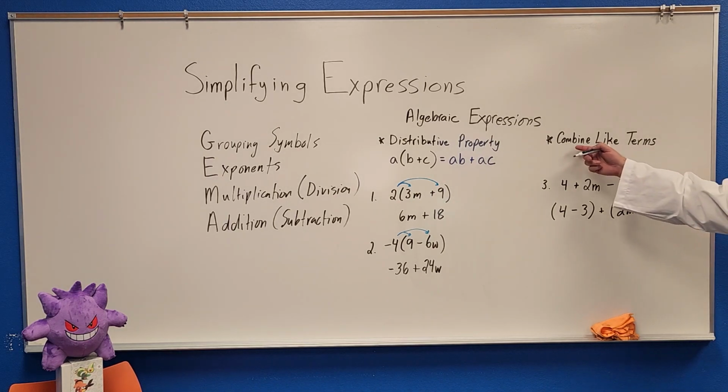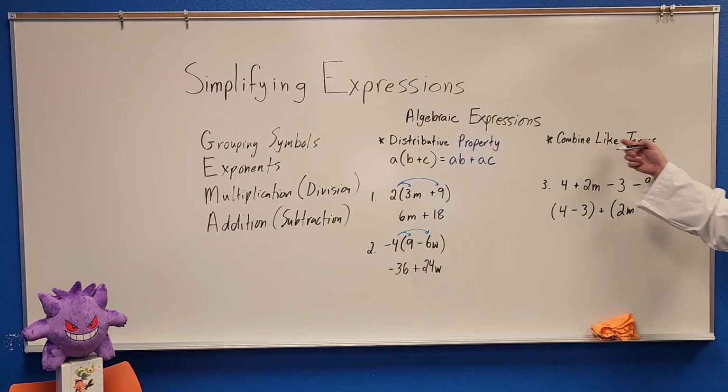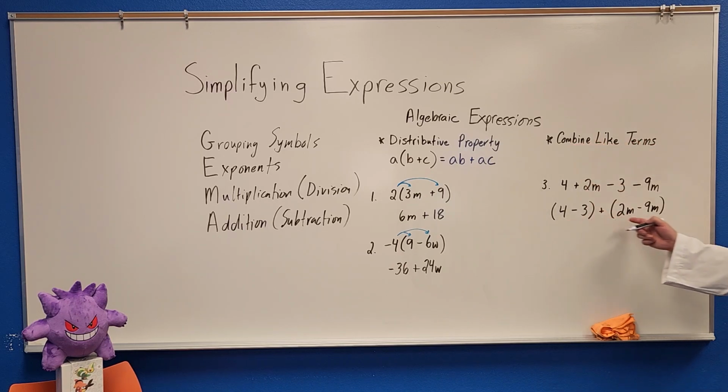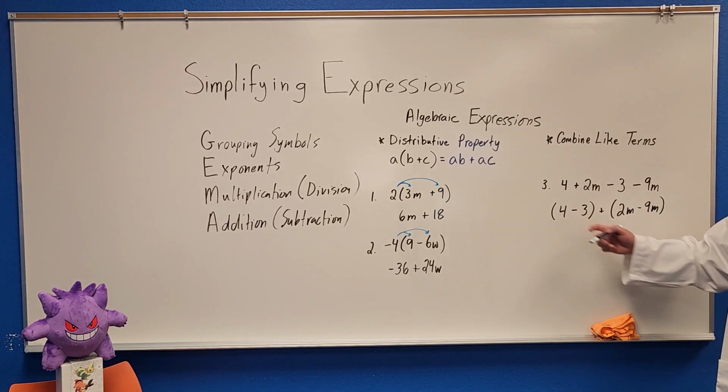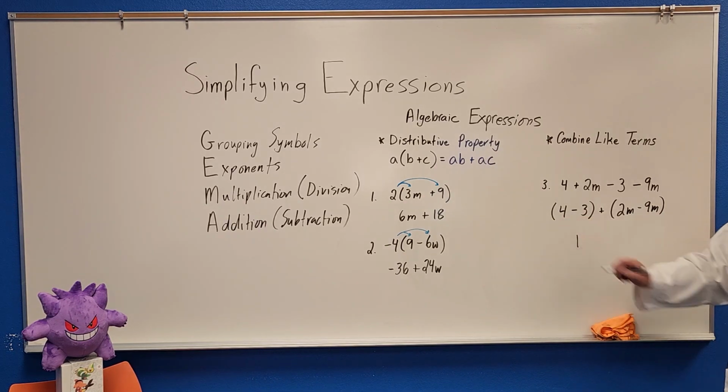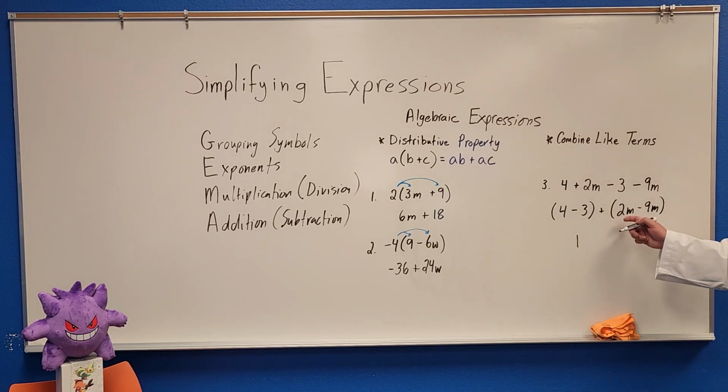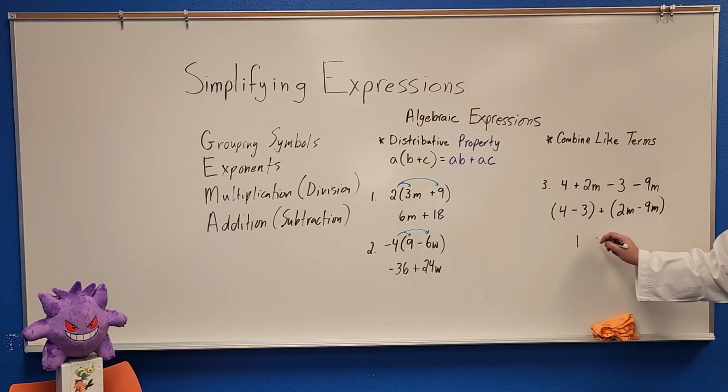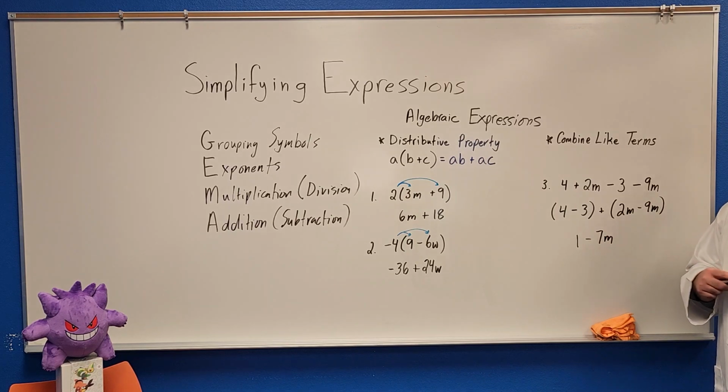And this is me grouping like terms, so now it's time for me to combine those like terms. 4 minus 3 becomes 1. 2m minus 9m becomes negative 7m. So instead of writing plus negative 7m, I'm just going to write it as minus 7m to still represent that negative 7m.